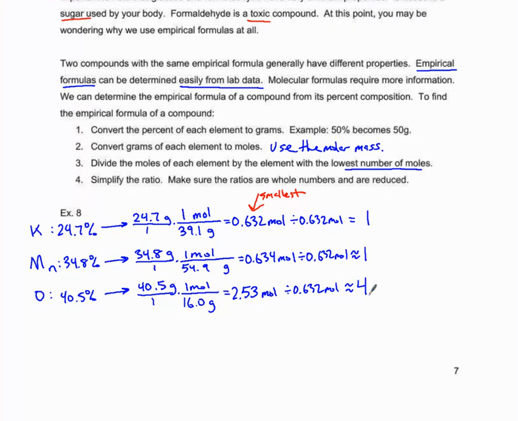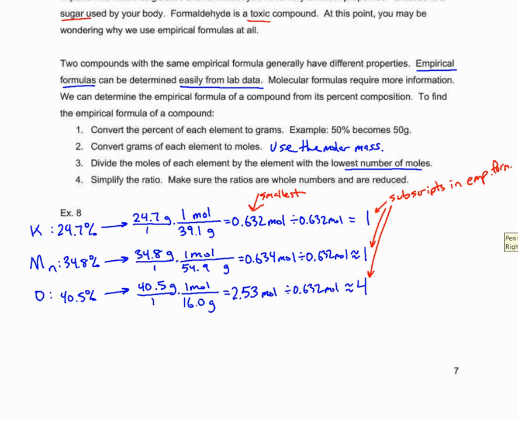These are the subscripts in the chemical formula, in the empirical formula. And so let's write this here. Subscripts in empirical formula. This one, this one, this one.